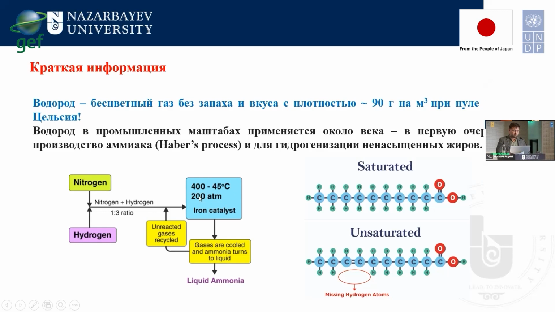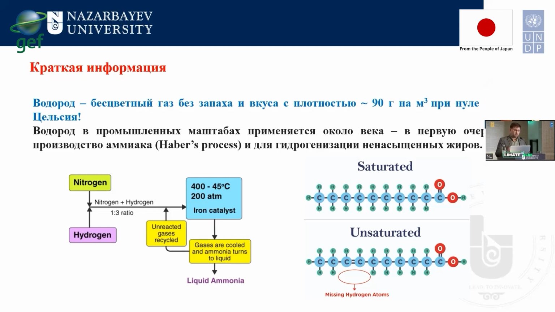The Haber process is when you mix nitrogen and hydrogen in a 1:3 ratio. Then this mixture is put into a catalytic reactor with an iron catalyst, and under the appropriate temperature and pressure, the gas is transformed into ammonia.